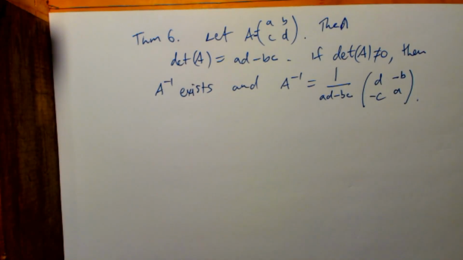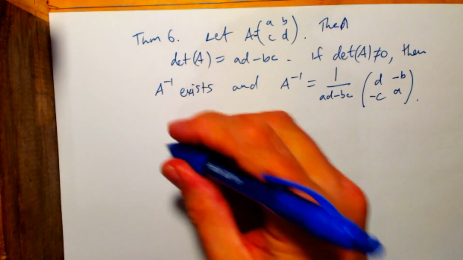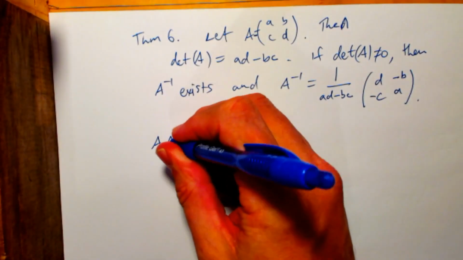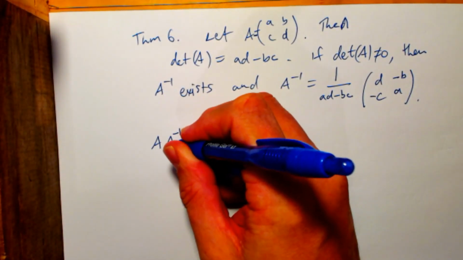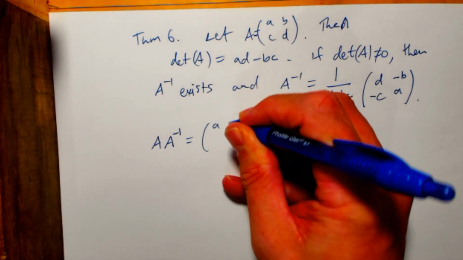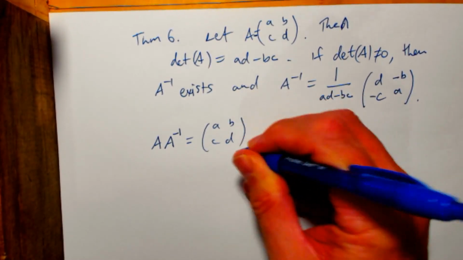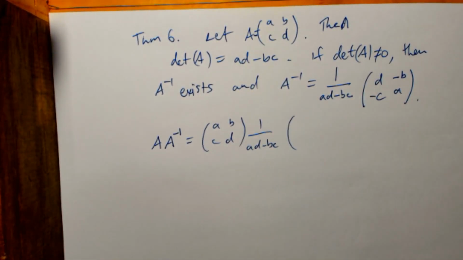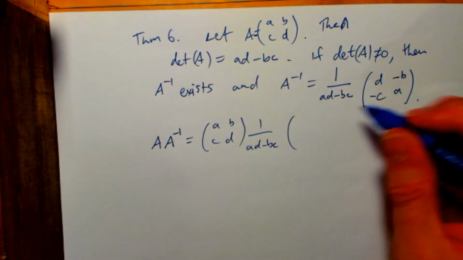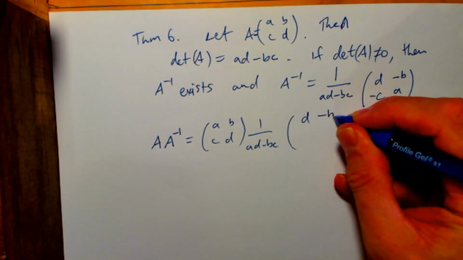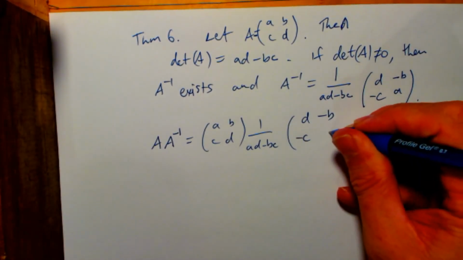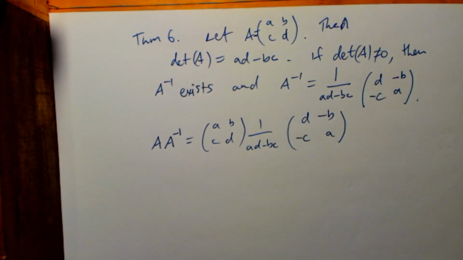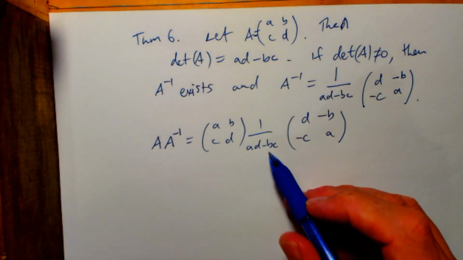Okay, so to see that this holds, let's multiply A times A inverse. So we have A, B, C, D multiplied by 1 on AD minus BC times D, minus B, minus C and A. Now this out the front, that's a scalar.